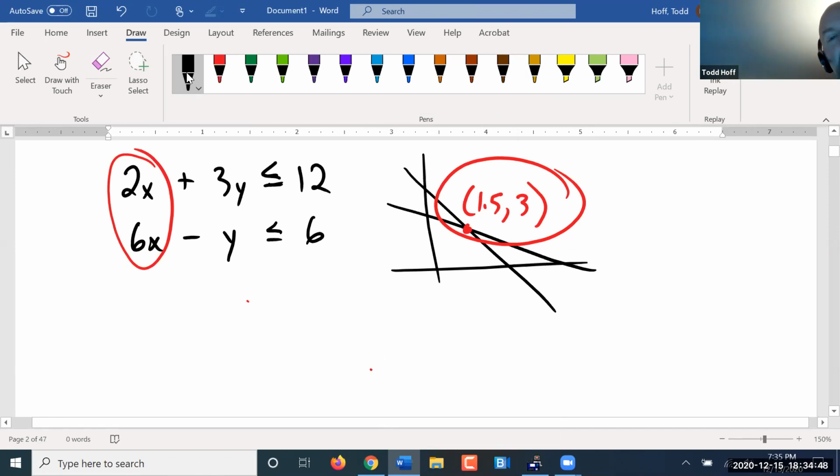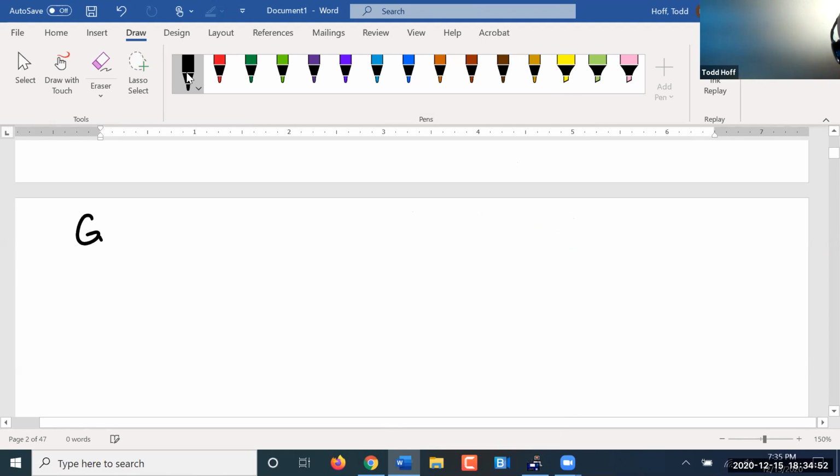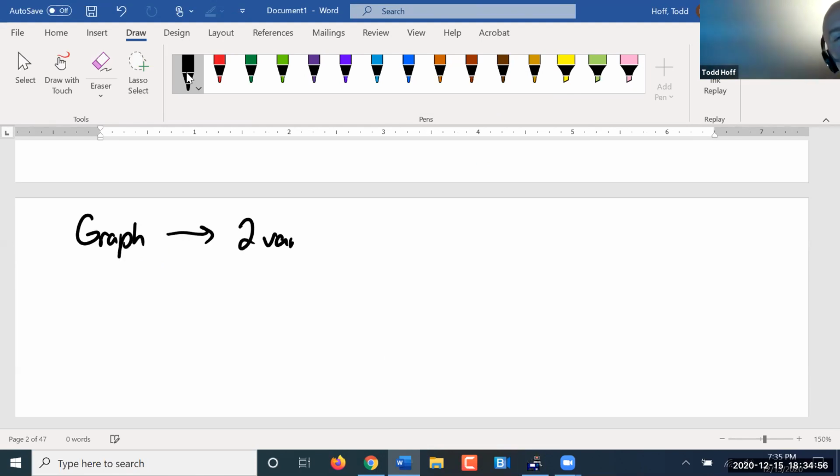When you're doing the exam, to know whether you can graph: if there's only 2 variables, you can graph. Of course, we only have 2 variables, 2 dimensions on our graph. So if you have a problem that can be reduced to 2 variables or is 2 variables, you can graph it.